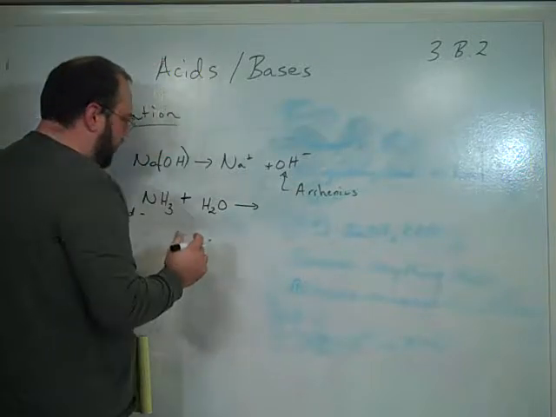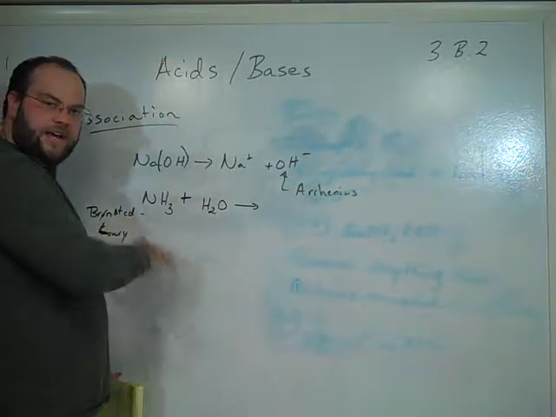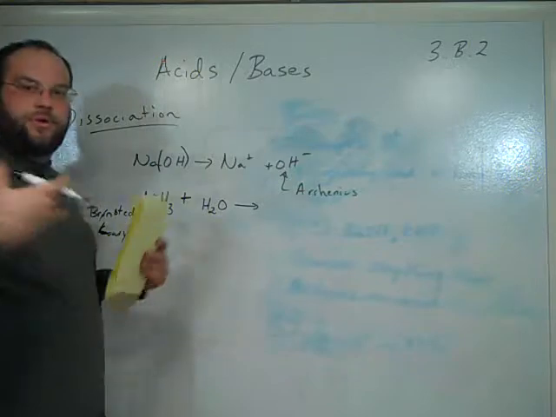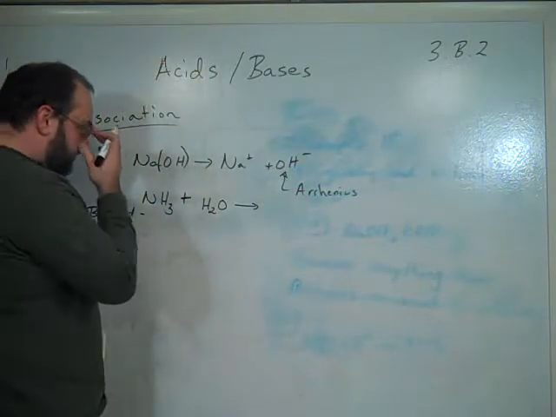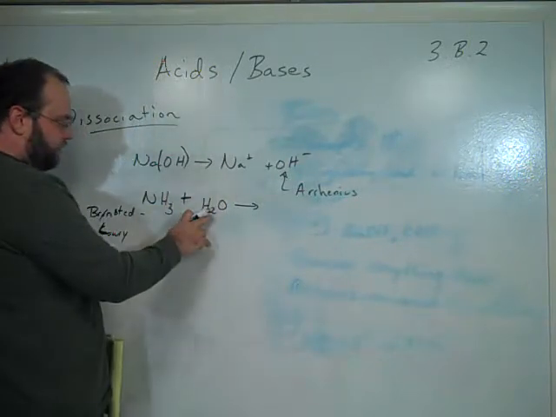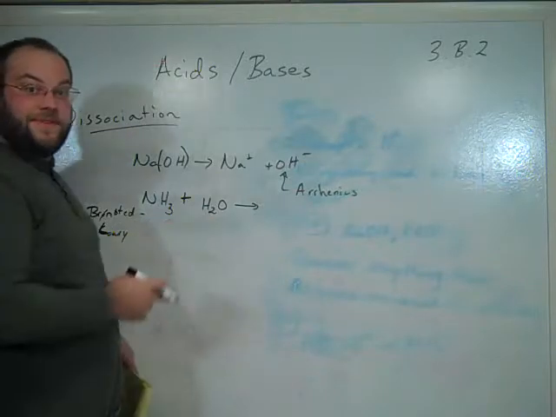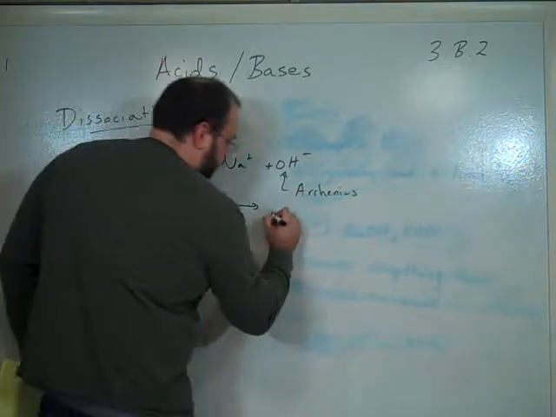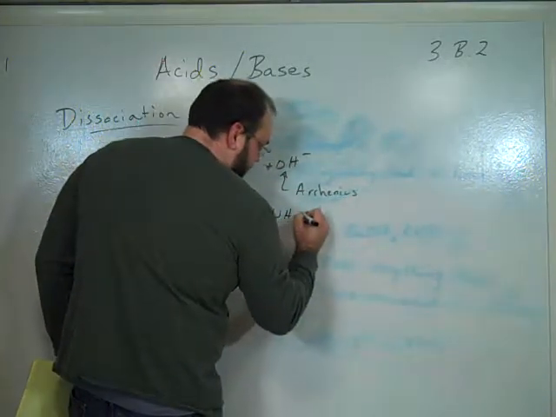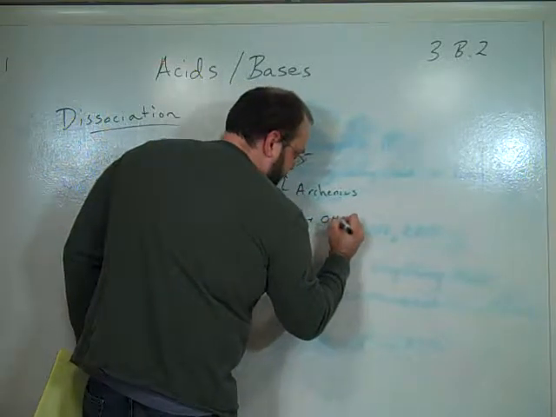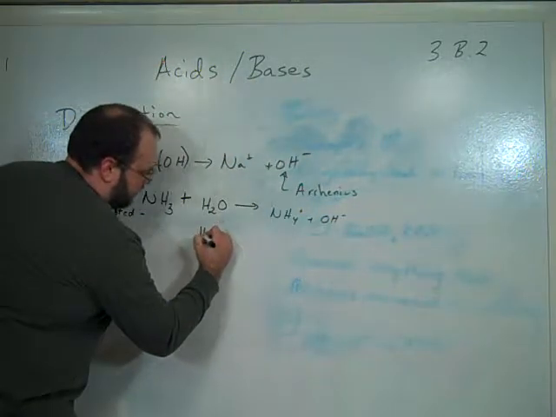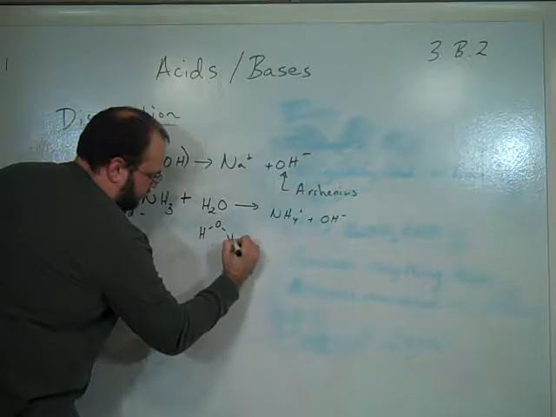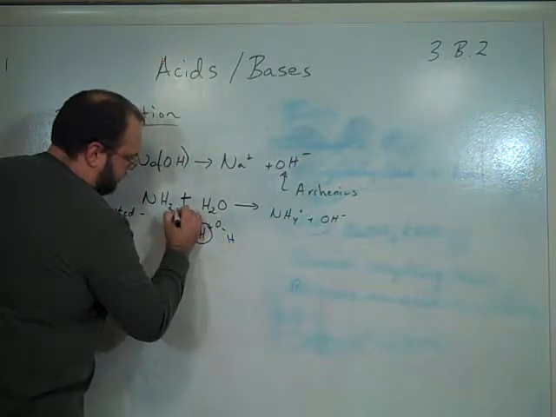When that reacts with water, we said that this was a proton acceptor. We said NH3 accepts the protons. Well, it's not just going to accept a proton, it's going to take one off of the H2O. And it's going to form NH4+ and OH-. So it's going to take my H2O, and take an H and bring it over there.